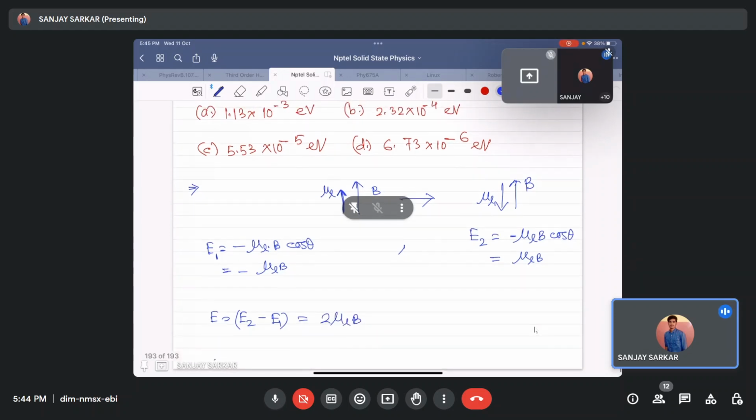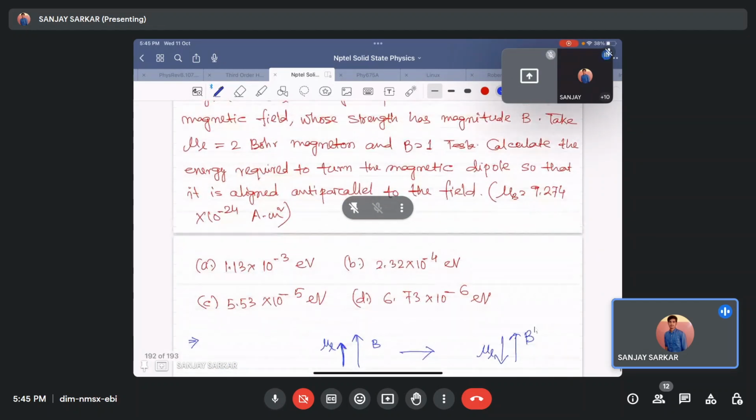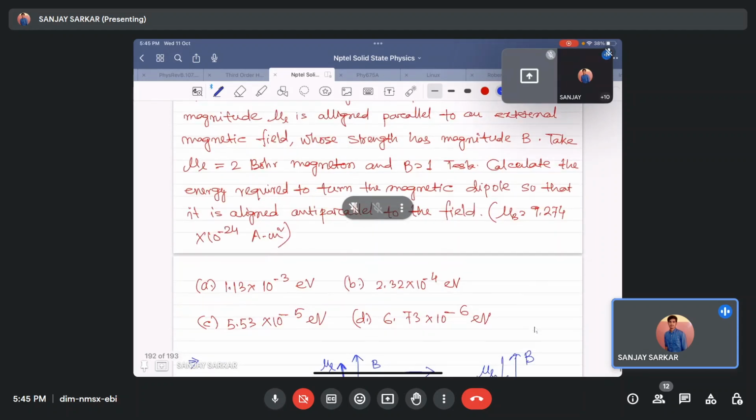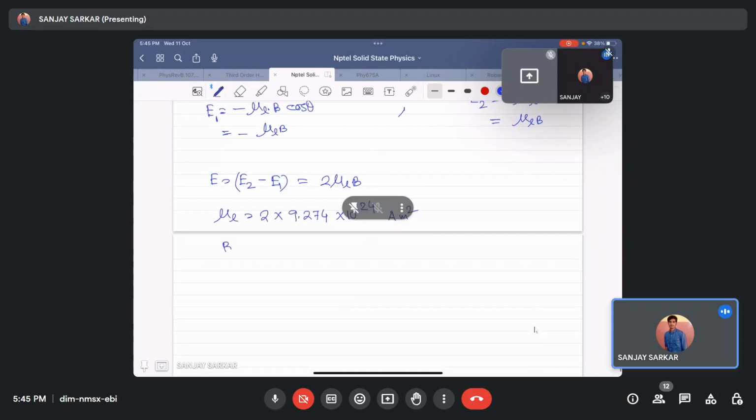Now in the question, mu l is given. Mu l is 2 Bohr magneton, that is 2 into 9.274 into 10 to the power minus 24 ampere meter square, and magnetic field B is 1 Tesla.